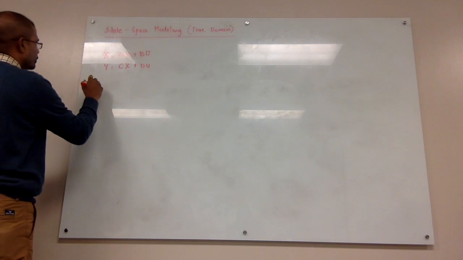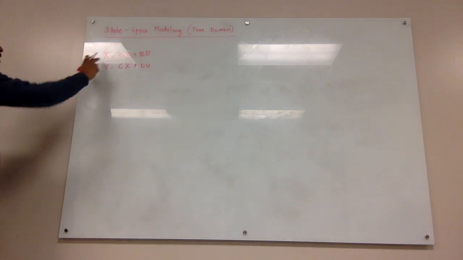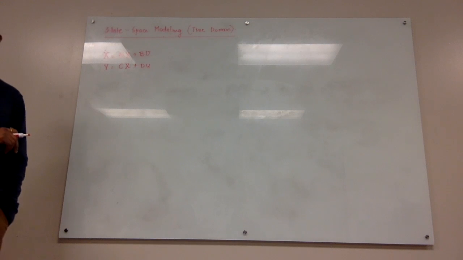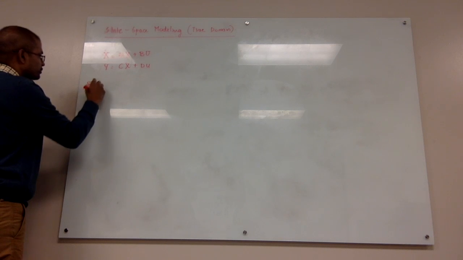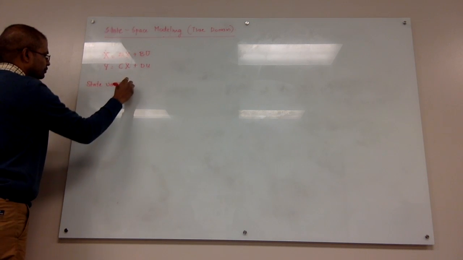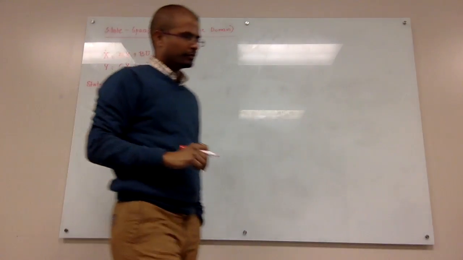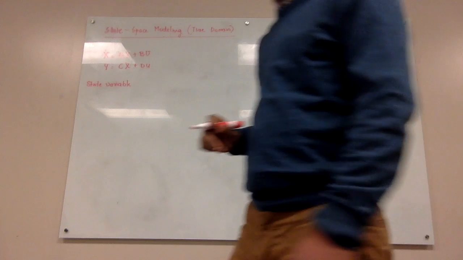Alright. So what you're seeing here is, we'll take a look at what these mean. So x dot, as we looked at, is the derivative of state variables. That's what we looked at, right? So what is a state variable? What did we say a state variable was?